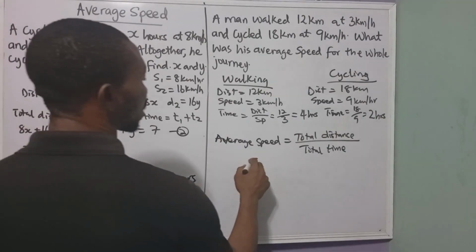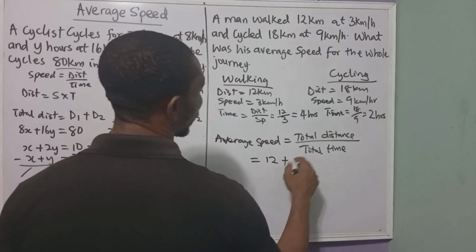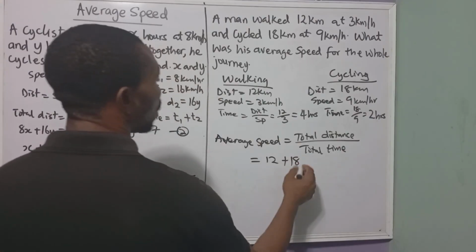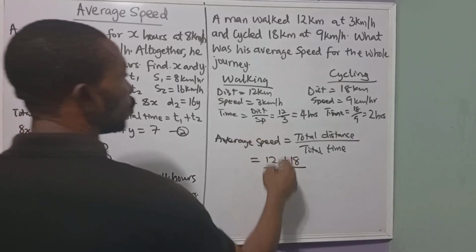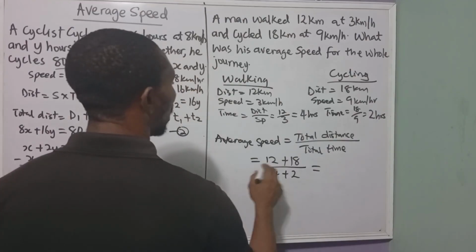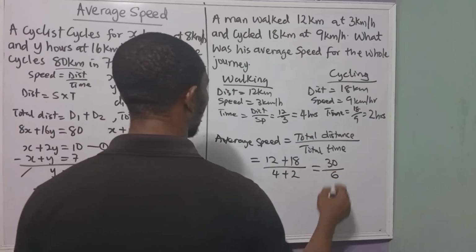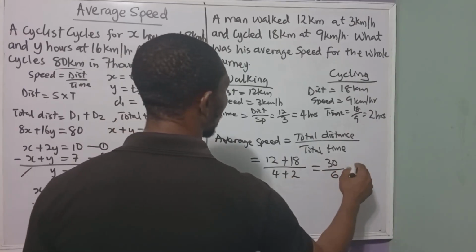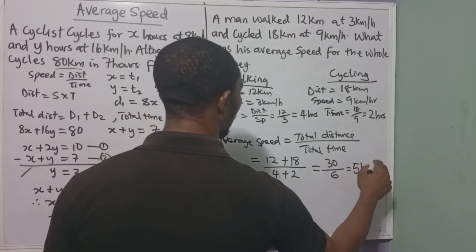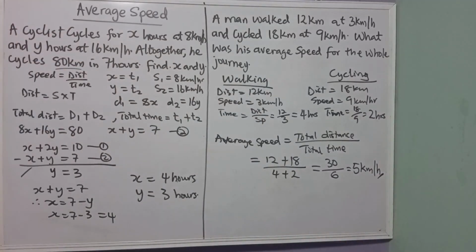Now, total distance here will be 12 plus 18, and total time here will become 4 plus 2. 18 plus 12 gives us 30, and 4 plus 2 gives us 6. So this becomes 5 kilometers per hour. So his average speed for the entire journey would be 5 kilometers per hour.